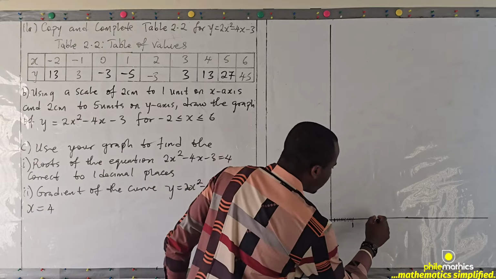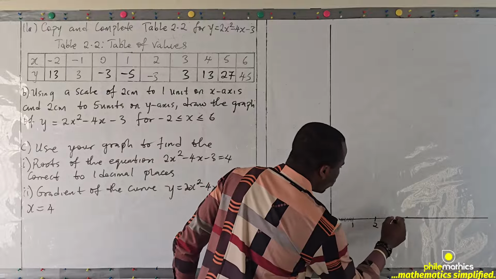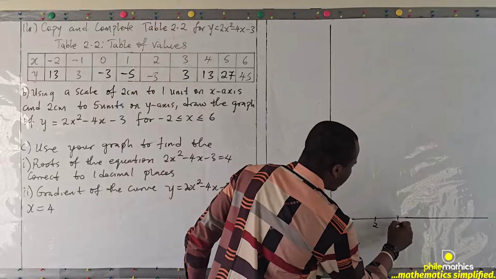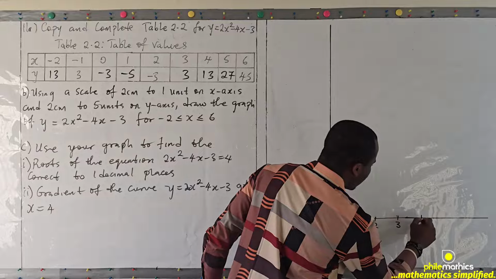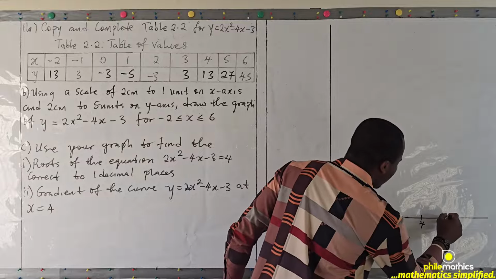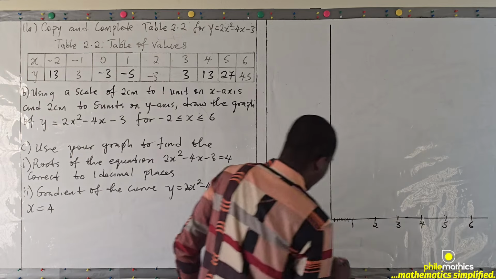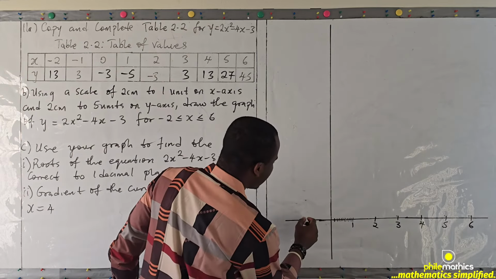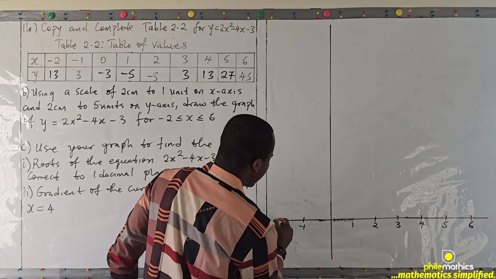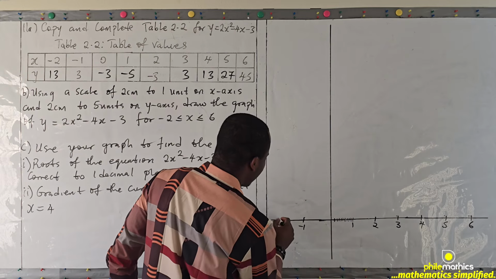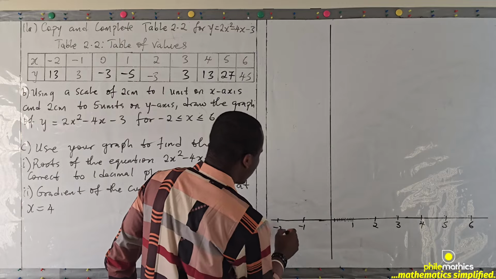So we'll do the same thing. This is 2, this is 3, this is 4, this is 5, this is 6. Likewise here, this is minus 1, this is minus 2.